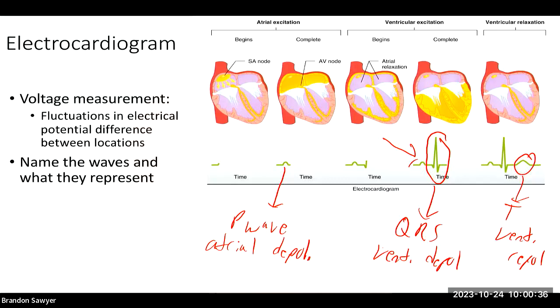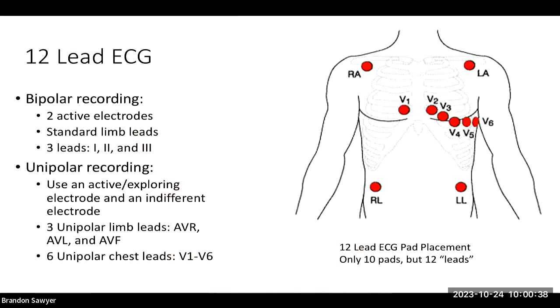When we do the measurement, this is our typical pad placement for a 12-lead EKG. There are two different groups of electrodes: bipolar electrodes and unipolar electrodes. With bipolar electrodes, we have two active electrodes, and these use our standard limb leads.